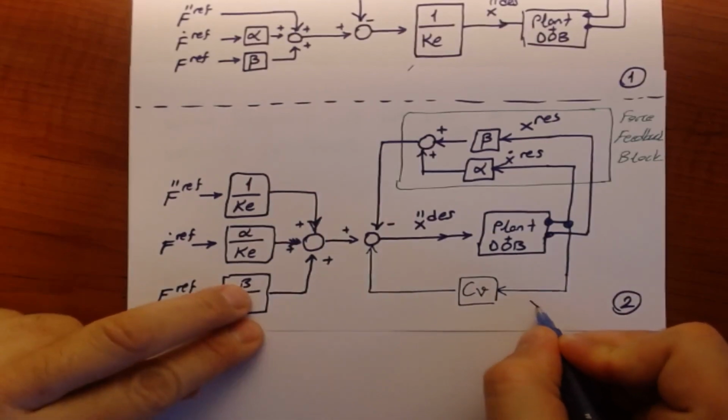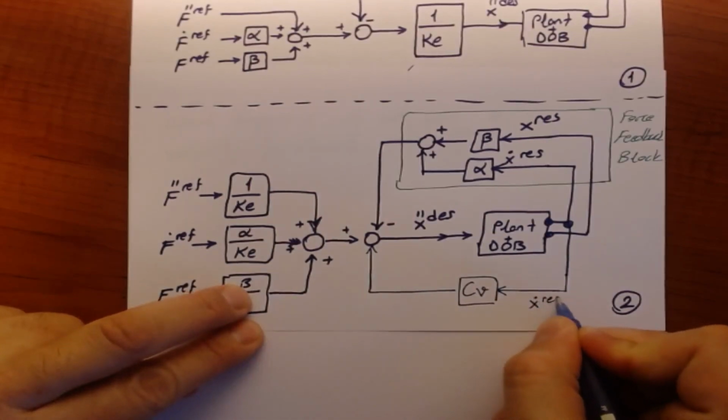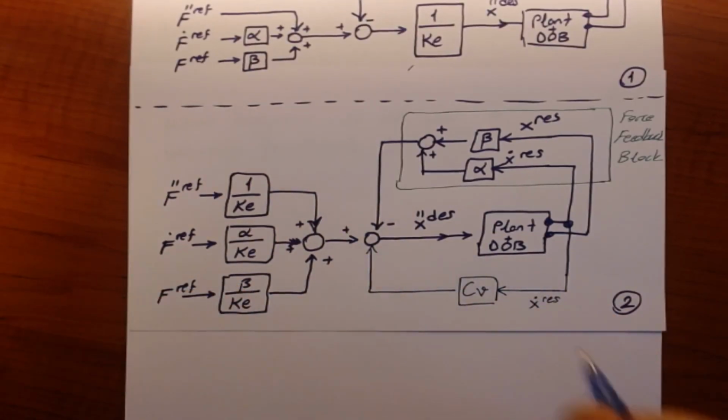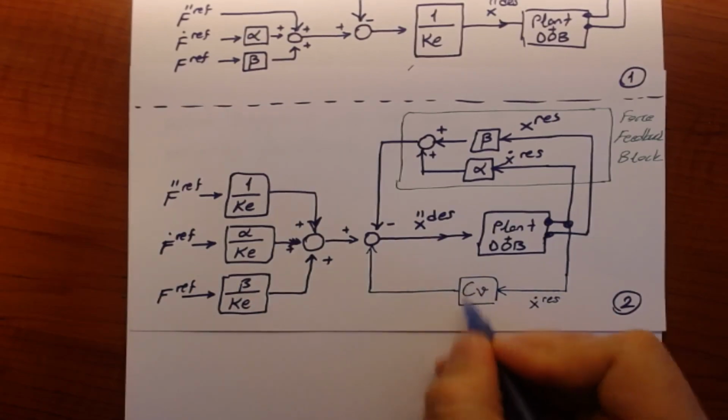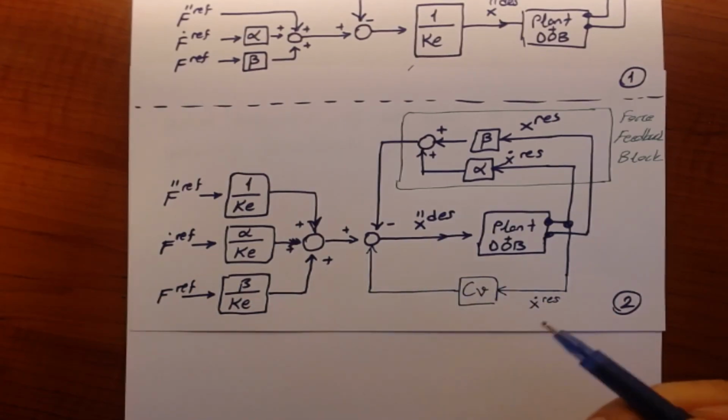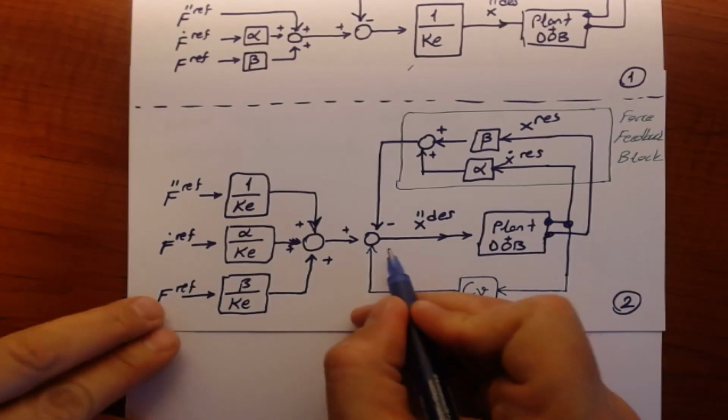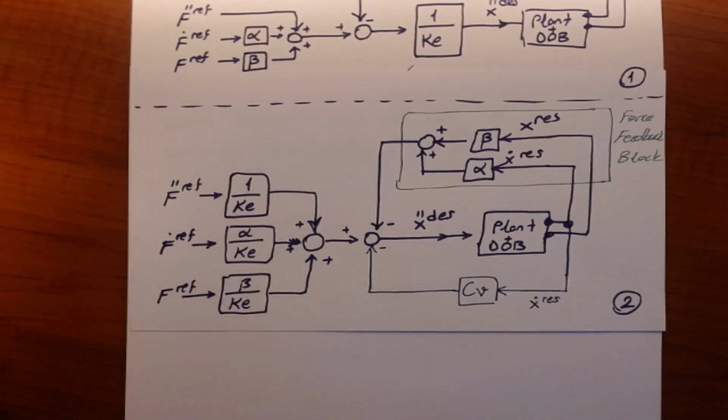So here you have x dot, the velocity response of your plant. What advantage would we have from this in comparison to the previous structure when we didn't have this? Of course, this should come with a negative feedback.